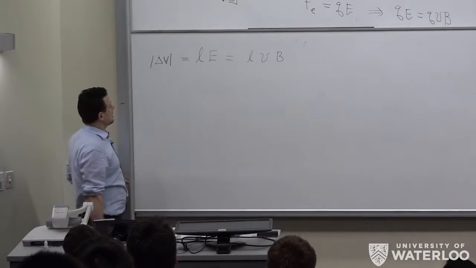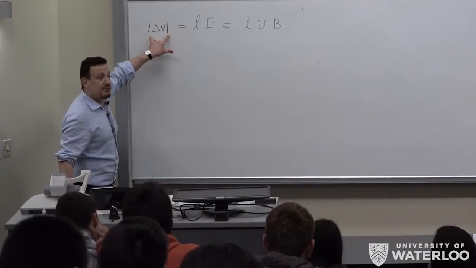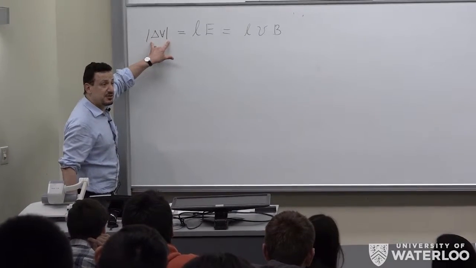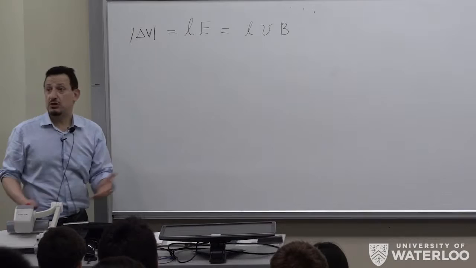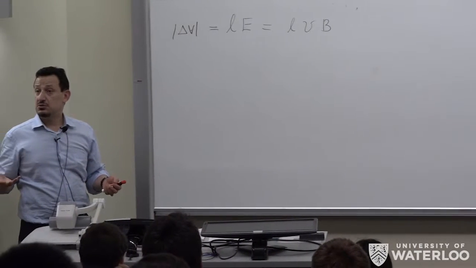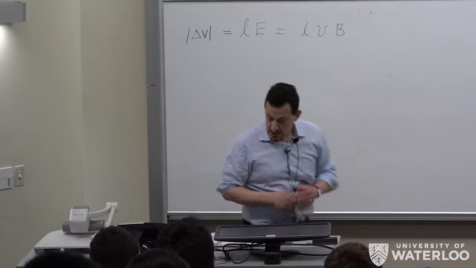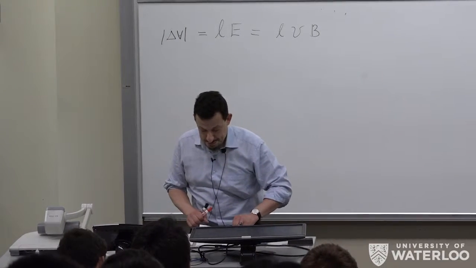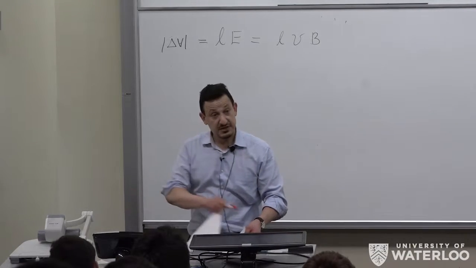So now we have a voltage, a potential difference between two ends of this wire without putting a battery between them. Okay? Any questions on this? This is a very, very interesting thing.